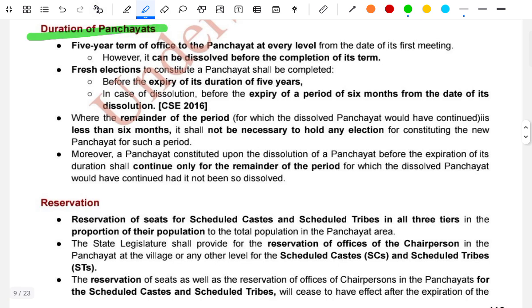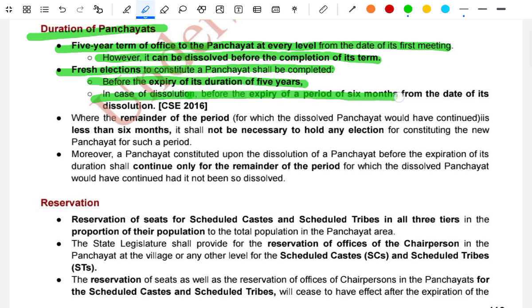Duration of the panchayat. The term of office of the panchayat at every level is 5 years from the date of its first meeting. However, it can be dissolved before the completion of the term. Fresh elections to constitute a panchayat shall be completed before the expiry of its duration of 5 years, or in case of dissolution, within 6 months from the date of its dissolution.